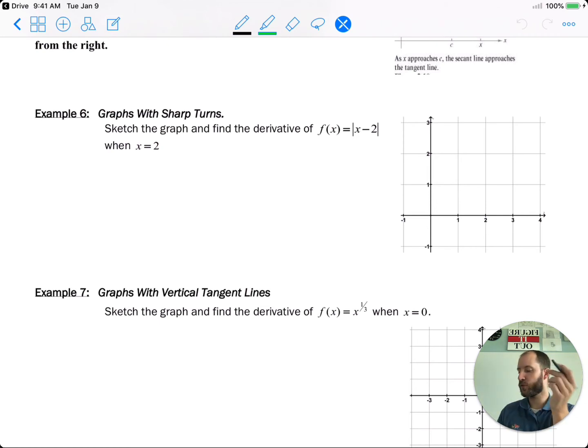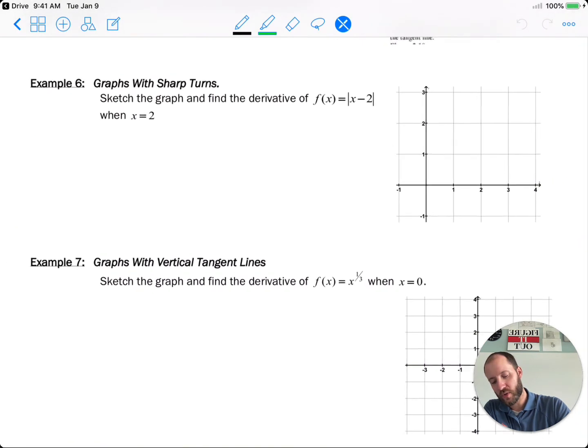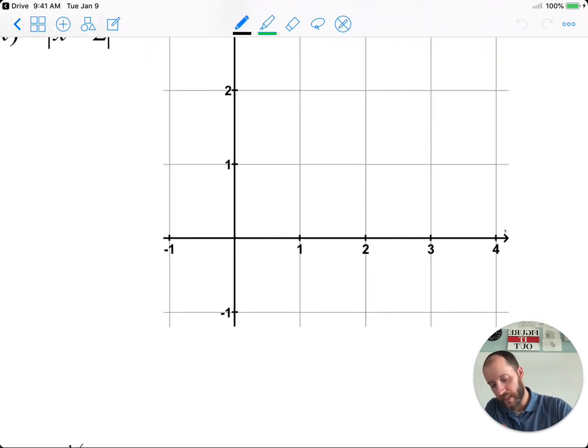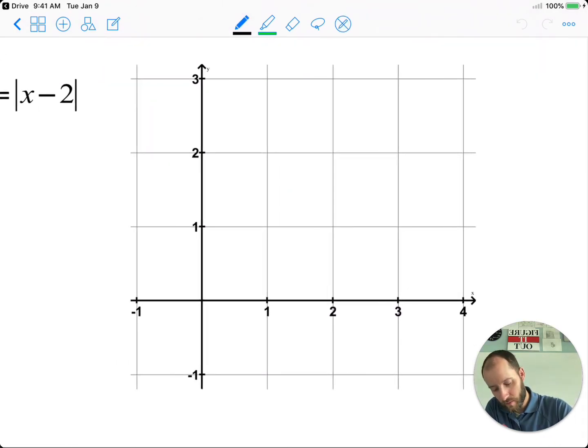So this absolute value function, absolute value of x minus 2, you should know from your family of functions that that is an absolute value, shifted 2 units to the right.